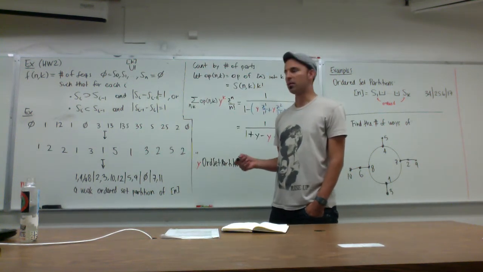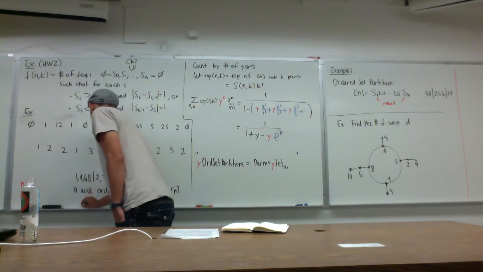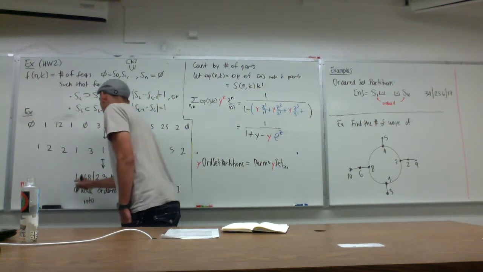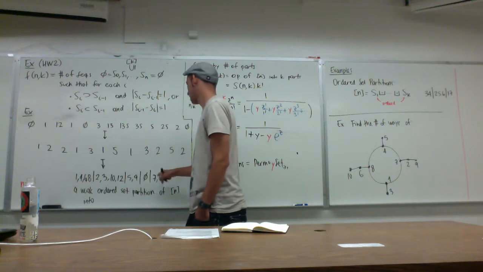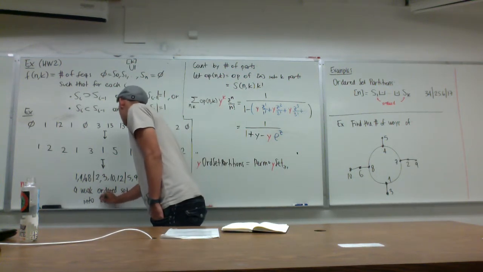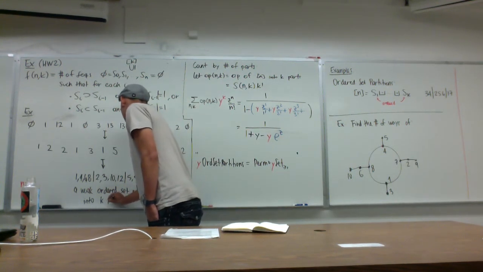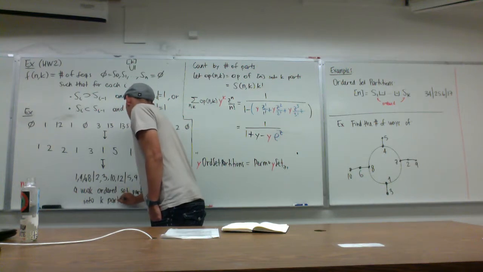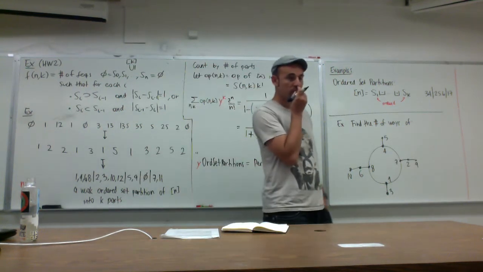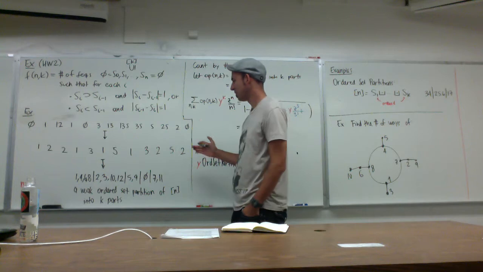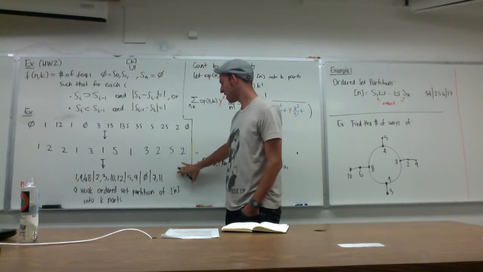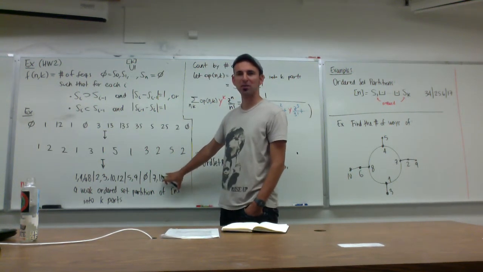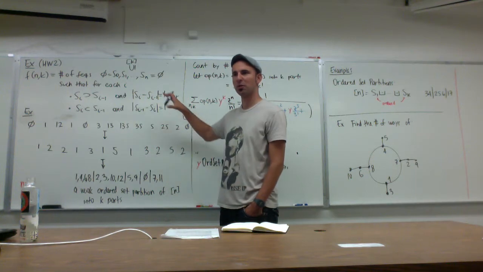Where does the k come in? Okay, it's the number of parts, right? Okay. Now, does every weak ordered set partition of n into k parts give me a solution to this problem?